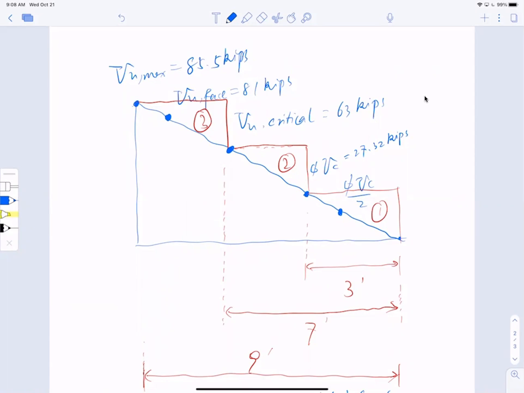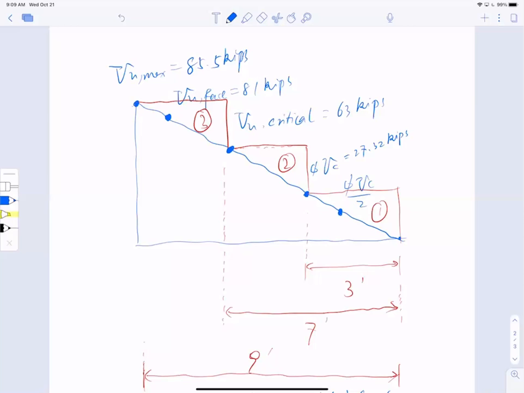These are the critical points. I want a design that will cover this diagram, but will not be too excessive.